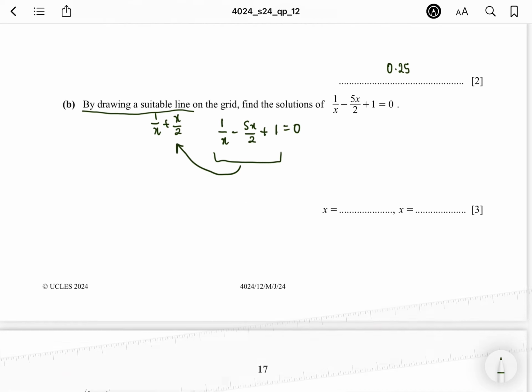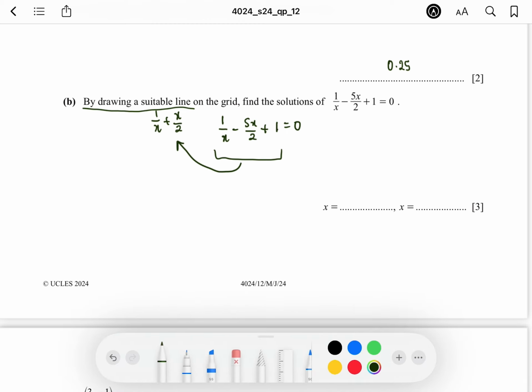Okay, so we're going to manipulate this one. What do we have? Plus 1, right? So how do we do it? We eliminate it. Minus 1 both sides. So 1 over x minus 5x over 2 equals minus 1. We don't care first about the right hand side. What we care about is that one side must be the same as the expression given. So we are halfway there, right?